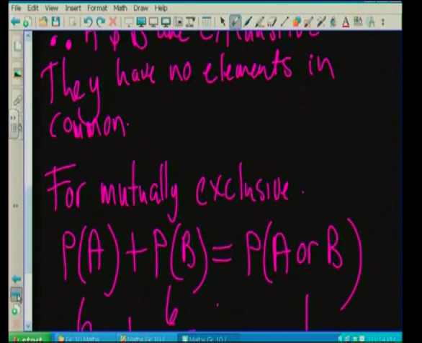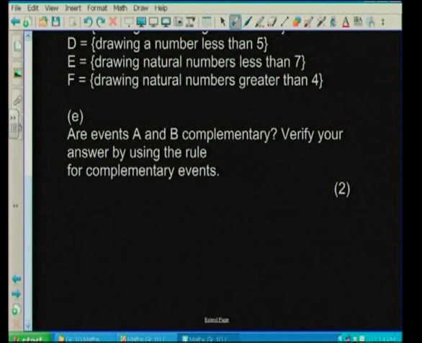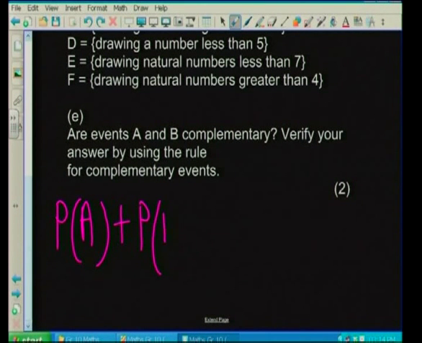But let's just have a look at the notation that we have to use. We are going to say the probability of A plus the probability of the complement of A is equal to 1. So if I have a look back at my Venn diagram, my probability of A is 6 out of 12.